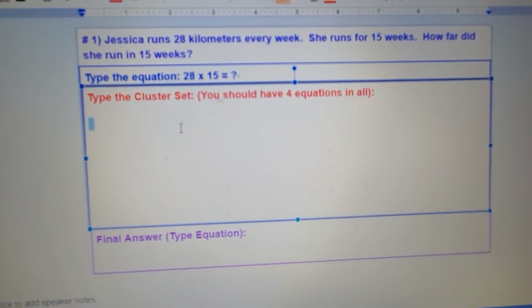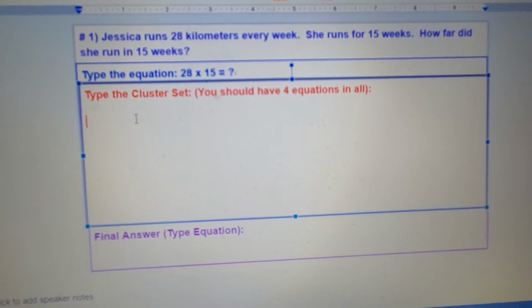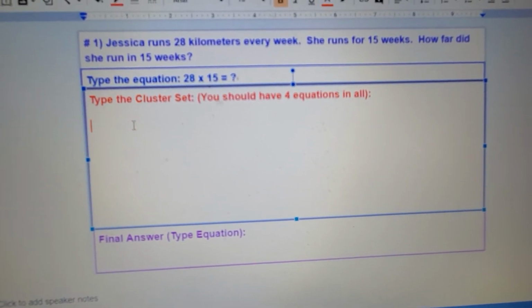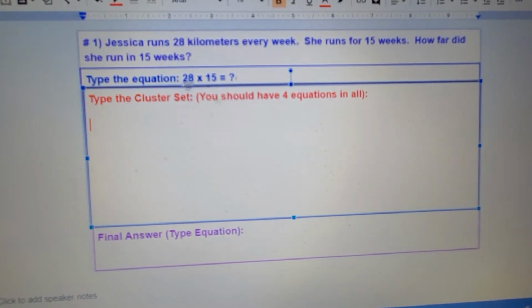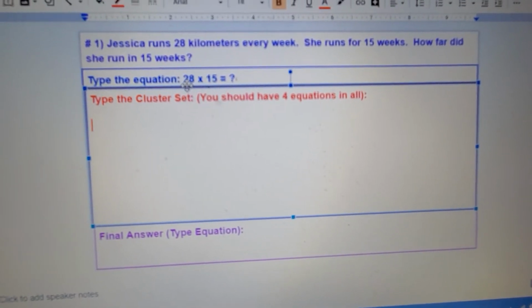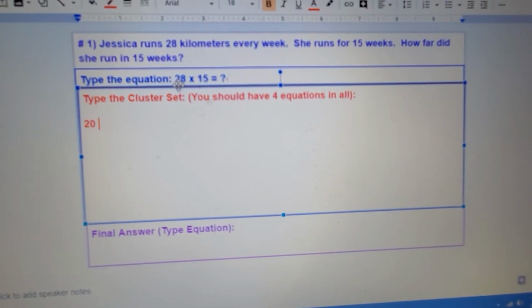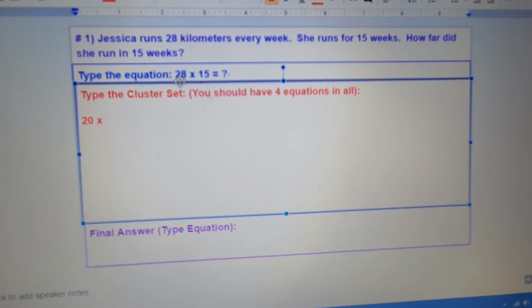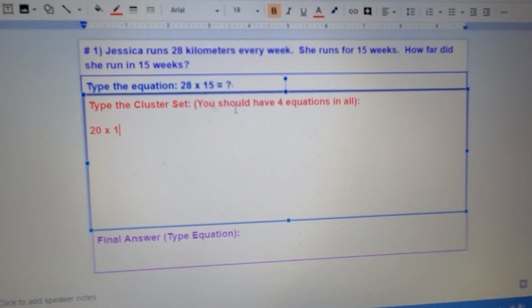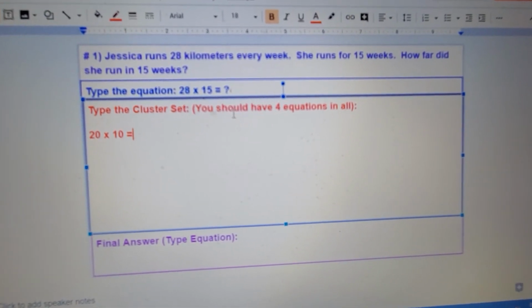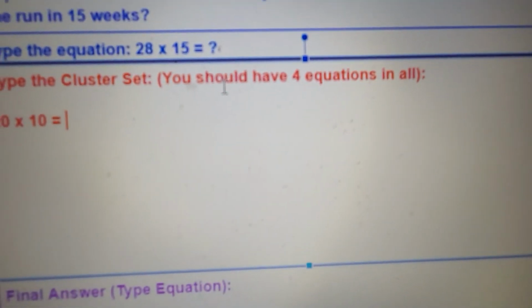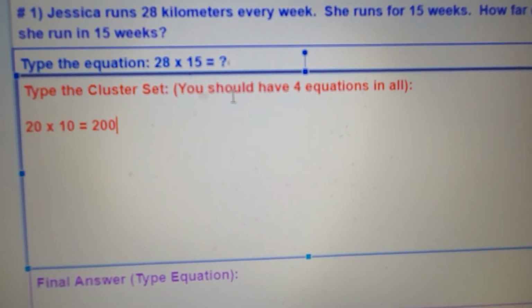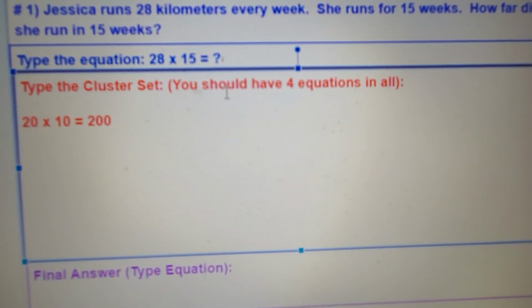Now I type my cluster set. So I click, so I see the cursor. Well, I'm going to use my tens now. I'm going to multiply my tens first. So 20 times, and what's the 10 in the other number? 10, because 15 is 10 and 5. So 20 times 10 is 200. Hit enter, and then it'll go right underneath.